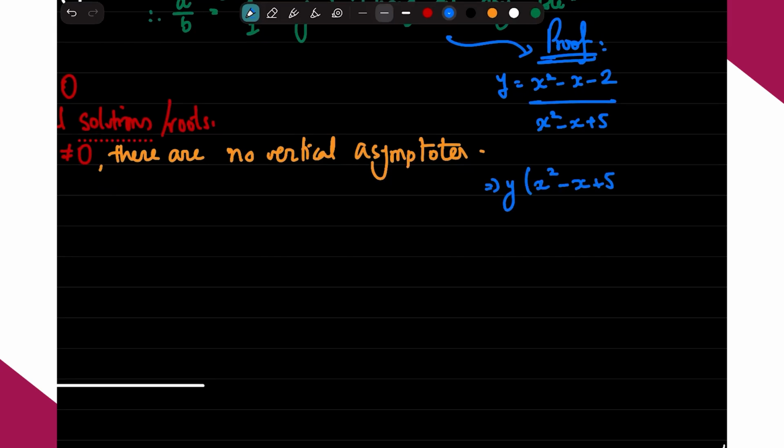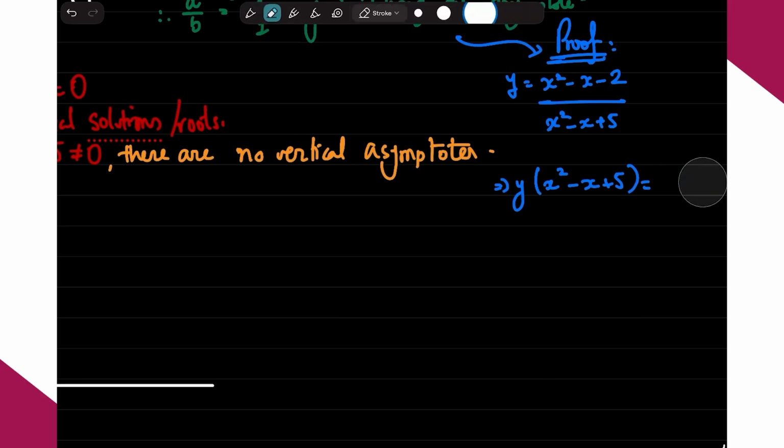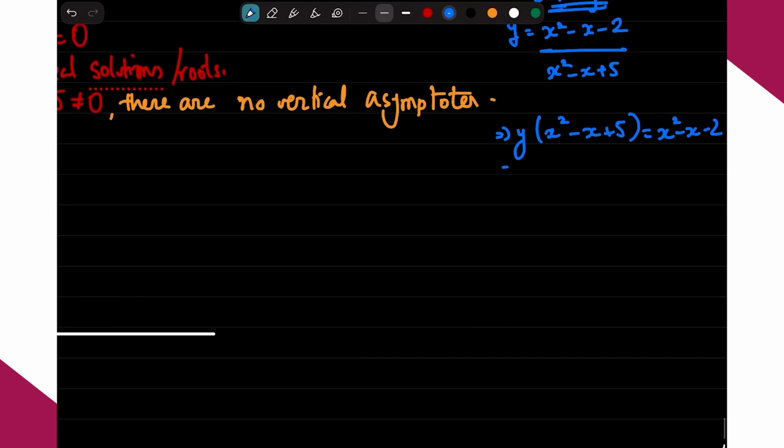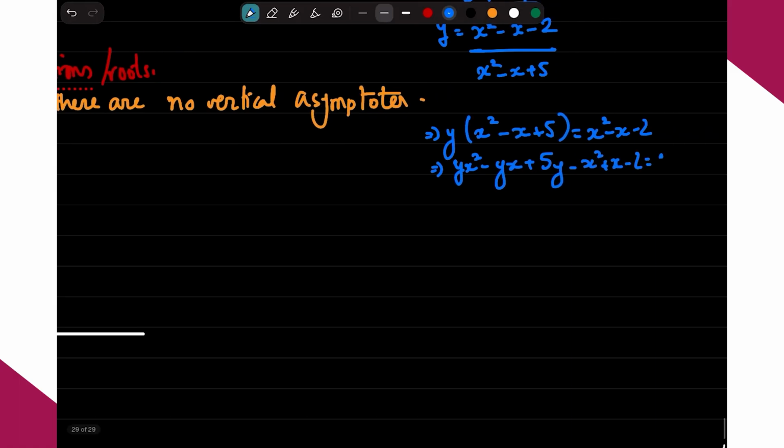So we've got plus 5 equal to x squared minus x. Then we've got minus 2, right? Then let's just start factoring out everything. yx squared minus yx plus 5y minus x squared plus x minus 2 equal to 0.